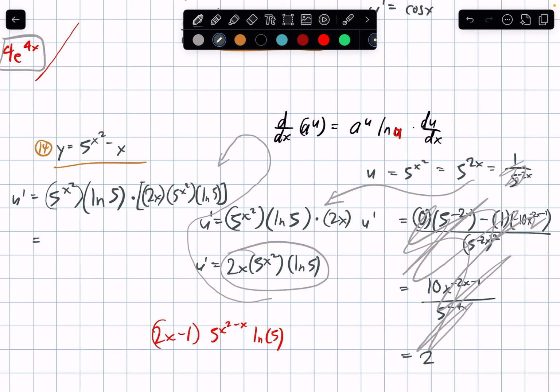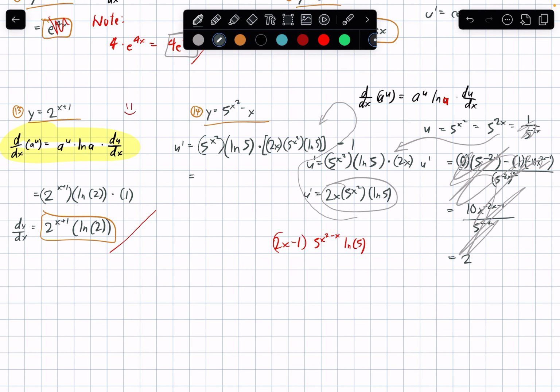Oh, wait, we haven't. So we still have a minus x. But the derivative for that is just minus 1. I guess I'll skip number 14.